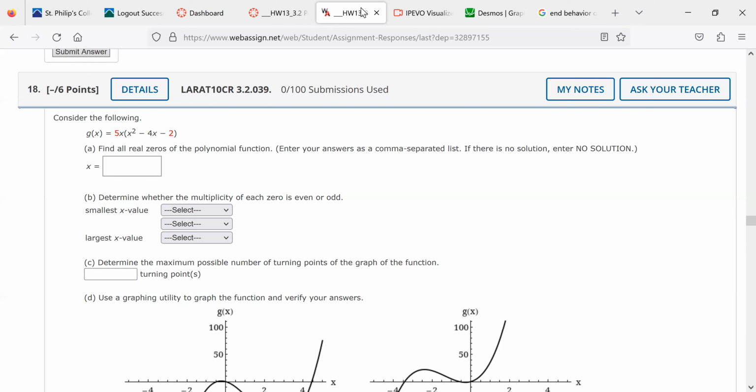Determine the multiplicity of each zero.